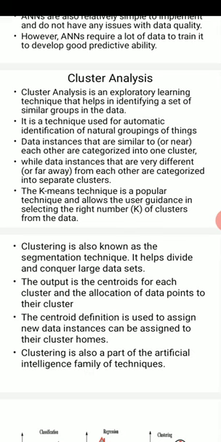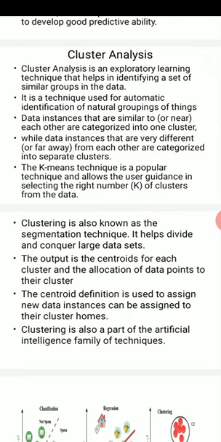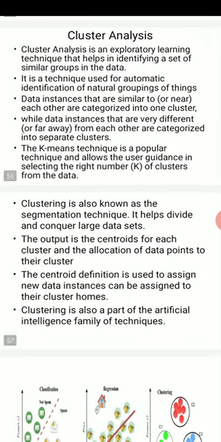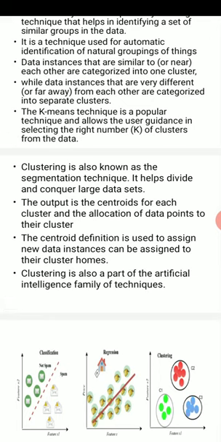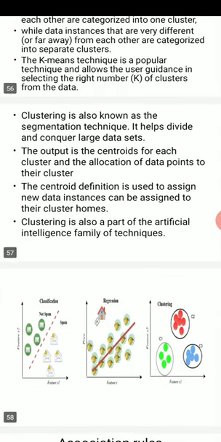While data instances that are very different or far away from each other are categorized into separate clusters, and the best technique used here for clusters is the k-means technique, which is already dealt with in previous semesters. Clustering is also known as the segmentation technique.